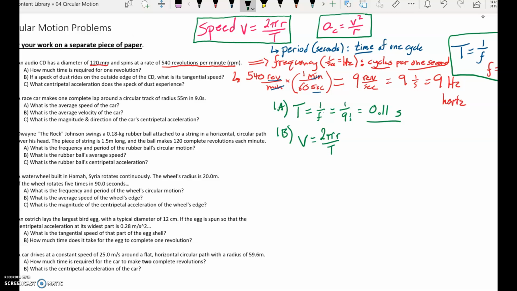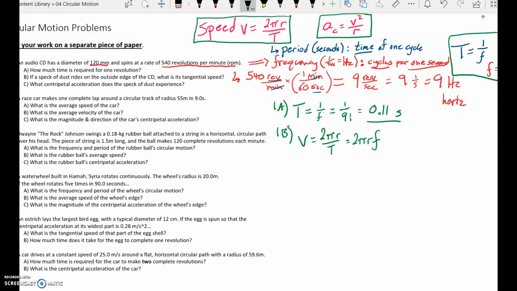We just solved for our period t, which is wonderful. I guess you could also substitute 2 pi r times your frequency, right? Since 1 over t is your frequency. So you could multiply by 9 or you could divide by 0.11. It's going to be the same math.